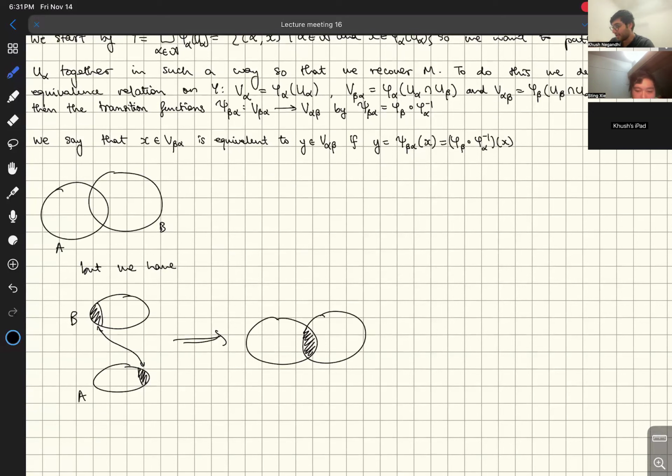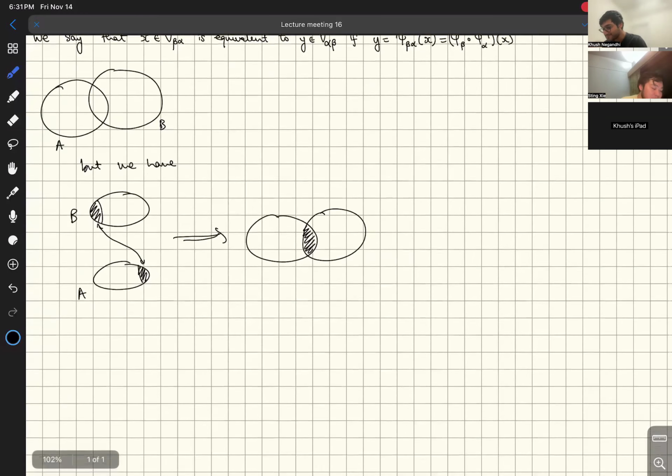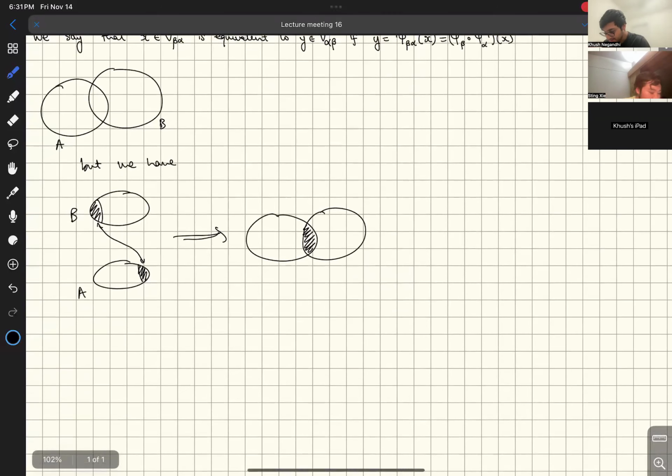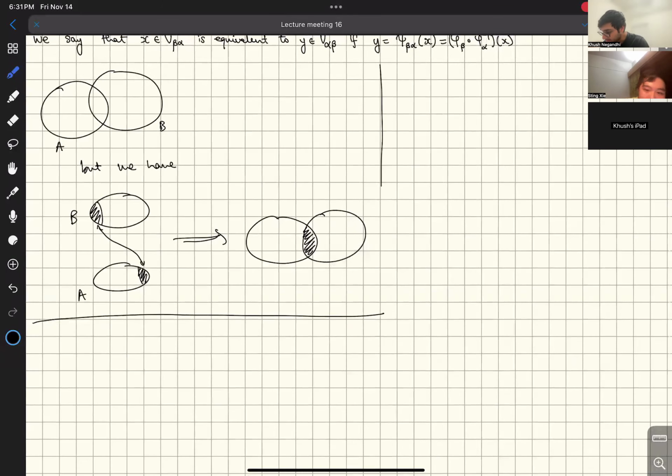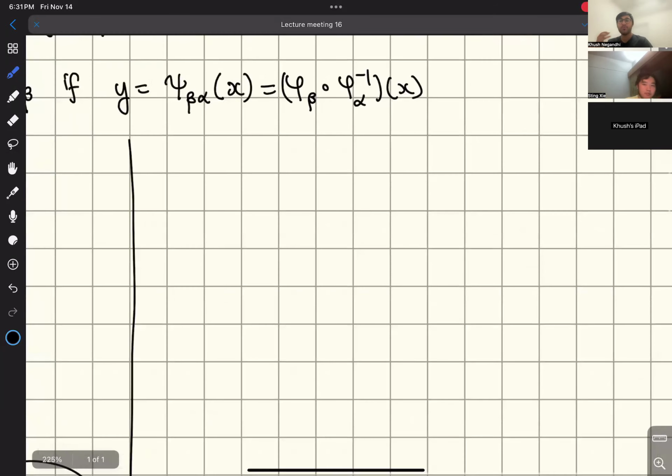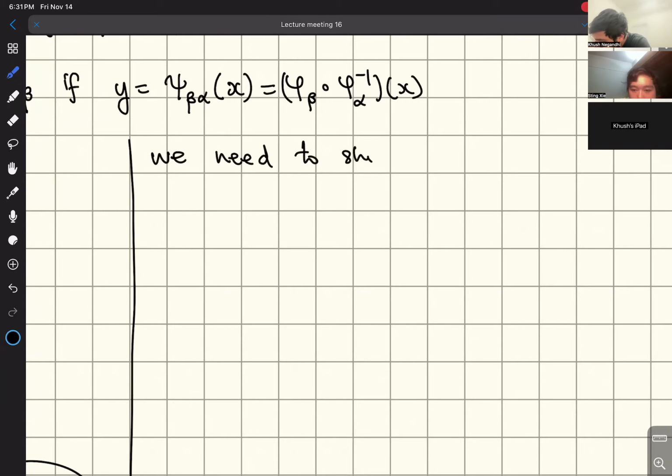And for a change of pace, we're actually going to prove it. It's been a while since we actually proved something. So let's show this. What are the key ingredients we need for this to be an equivalence relation? We need to show that x is related to x, as usual.